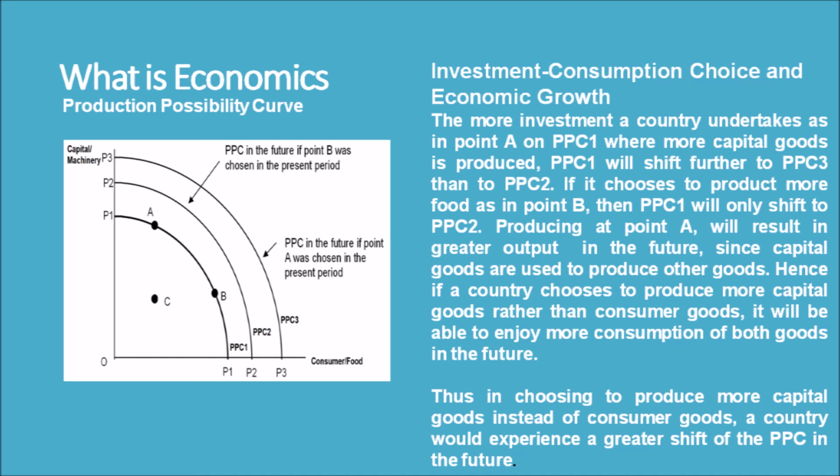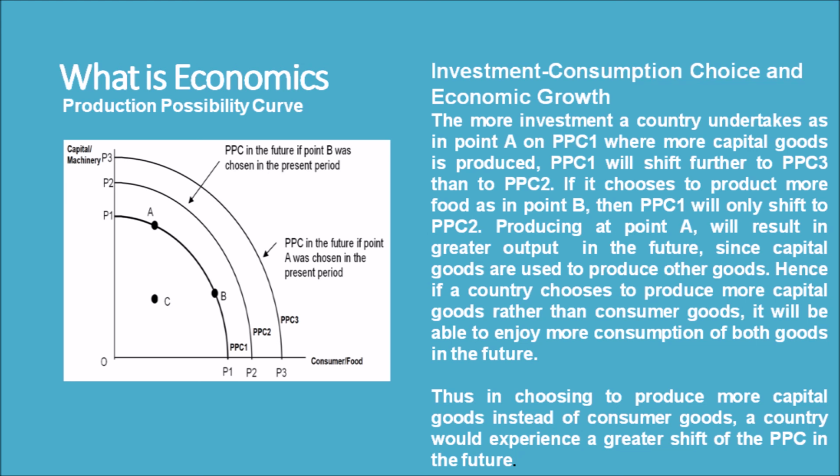Producing at point A will result in greater output in the future, since capital goods are used to produce other goods. Hence, if a country chooses to produce more capital goods rather than consumer goods, it will be able to enjoy more consumption of both goods in the future.